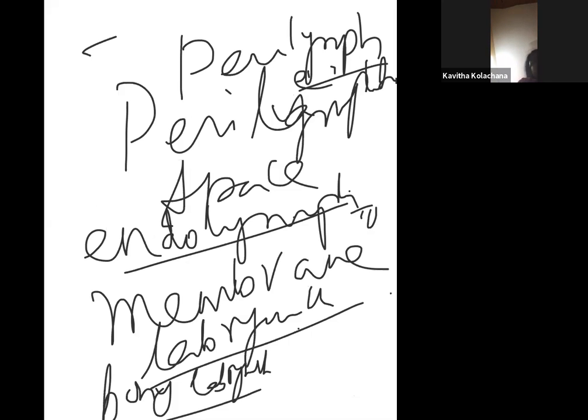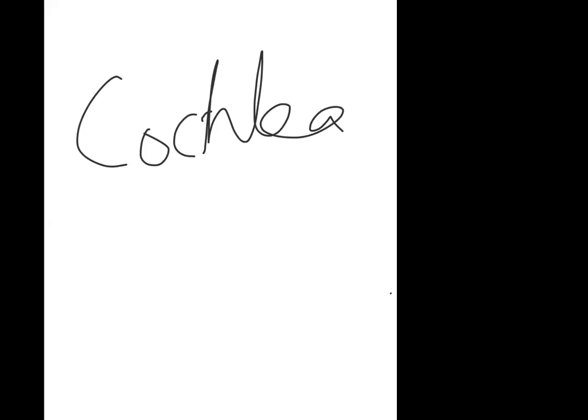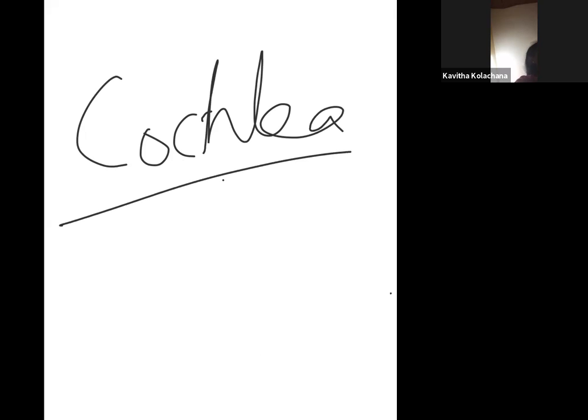Now, what is the coiled structure in the labyrinth called? Cochlea. The cochlea is the main hearing organ, the one which actually creates sound.